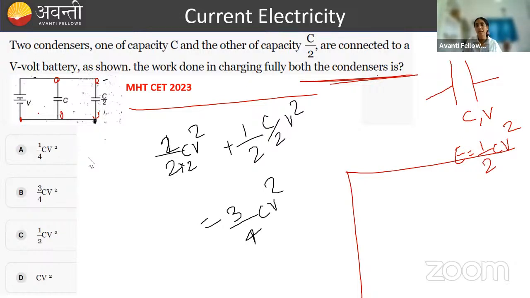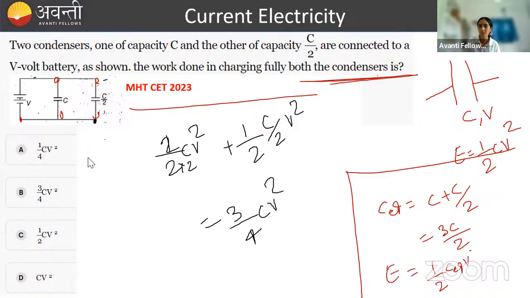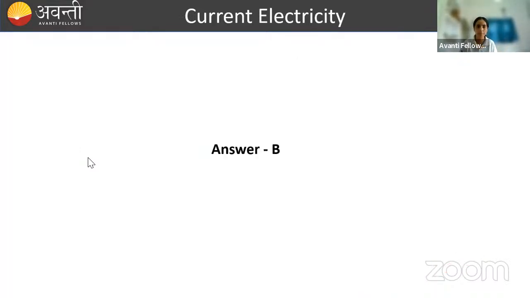So C equivalent will be C plus C by 2, just the opposite way of adding. So this is 3C by 2. Energy stored on the capacitor is half C equivalent V square, so that becomes 3 by 4 CV square.